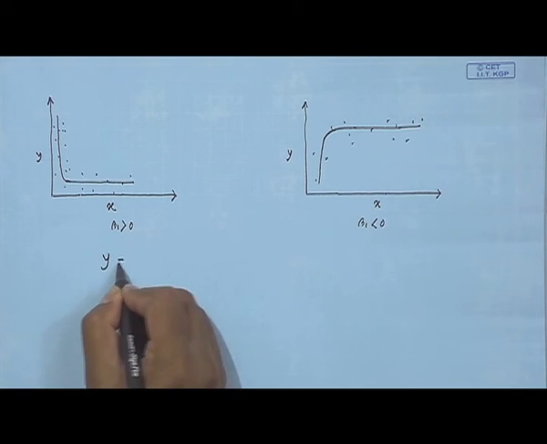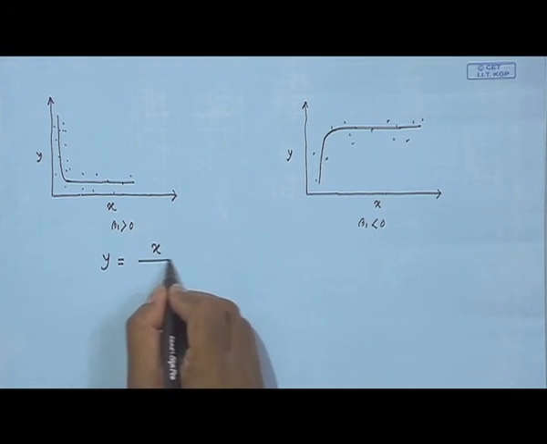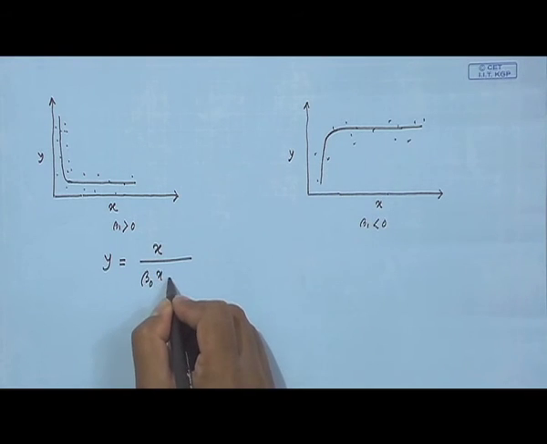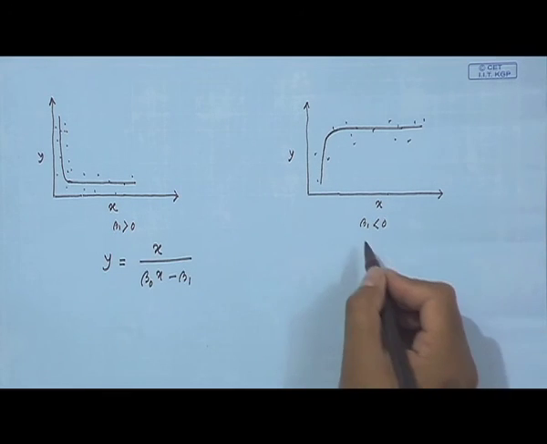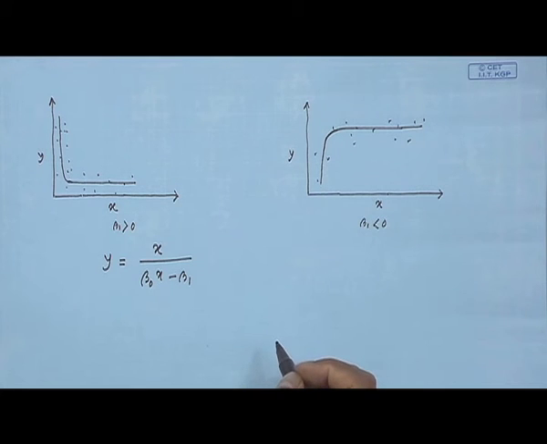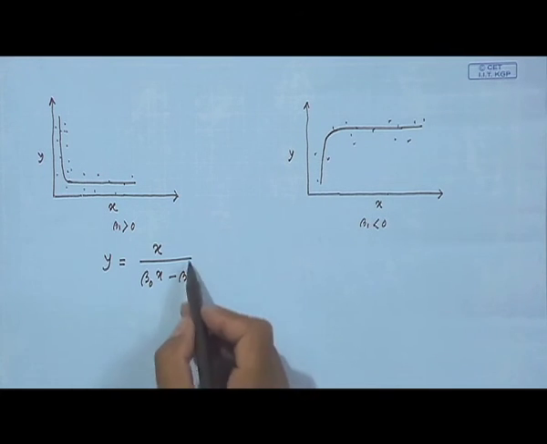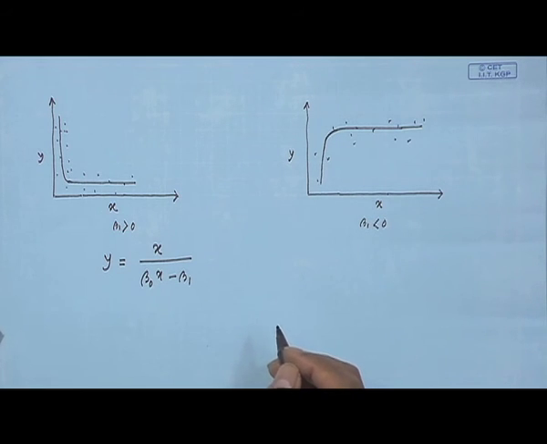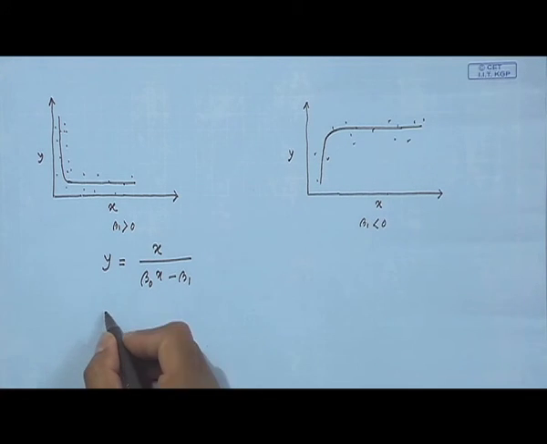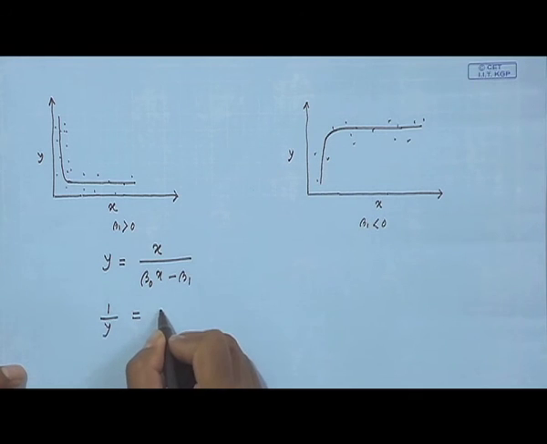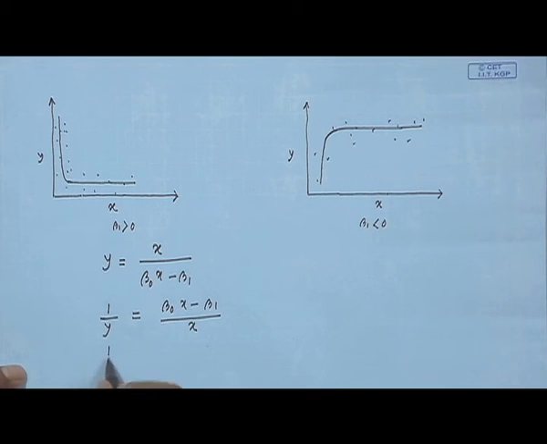Here y is equal to x by beta naught x minus beta 1, and this one is for beta 1 greater than 0 and this one is for beta 1 less than 0. And you can transform this to a linear function, because yes, you can take 1 by y is equal to beta naught x minus beta 1 by x, and so here 1 by y is equal to beta naught minus beta 1 by x.